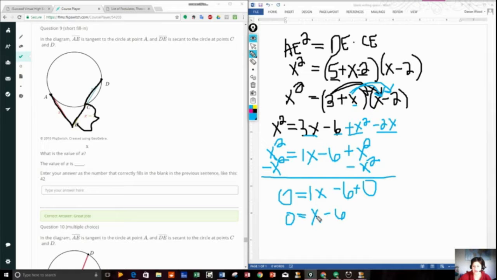I want x on one side and all of my numbers on the other side, so I'm going to add 6. Then we have 0 plus 6 is 6 equals x, and minus 6 plus 6 is 0. So then x plus 0 is x, and that equals 6.